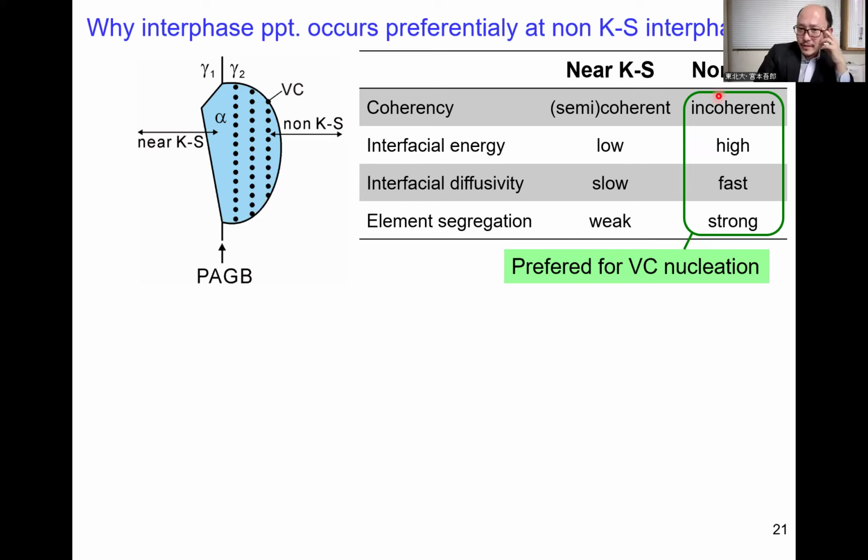So the non-K-S interface is an incoherent interface. Therefore, interfacial energy is high. The interfacial diffusivity of vanadium should be fast, and the non-K-S interface should be more favorable as a segregation site for the vanadium. And those factors should enhance the vanadium carbide nucleation at the alpha gamma interface.